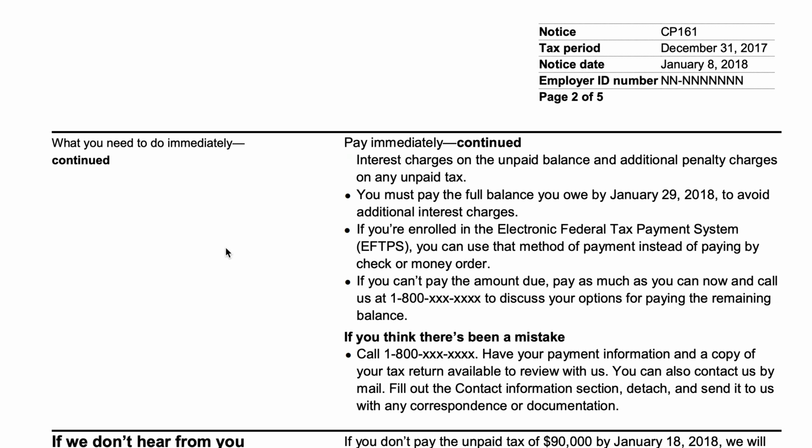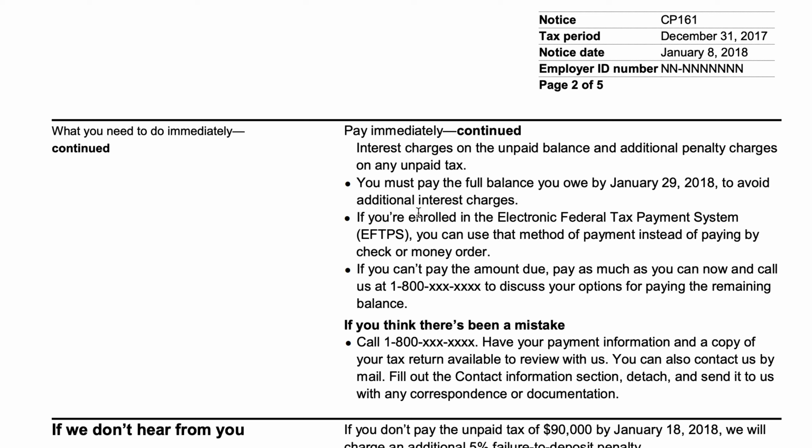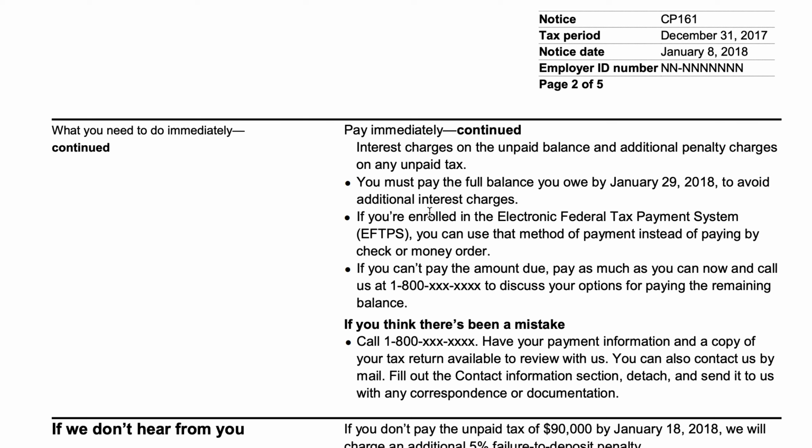On the next page, it goes into more detail about what you need to do. You can use the Electronic Federal Tax Payment System, EFTPS, to pay online instead of sending a check or a money order.